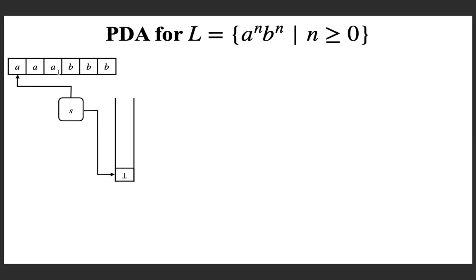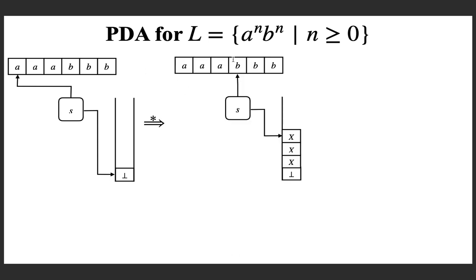So when you finish reading the a part, if 3 a's are there, you will have 3 symbols on the stack, whatever that symbol is. Let us fix it as capital X. If you want, you can say capital A, it doesn't matter. So this tells you that 3 a's have been processed.